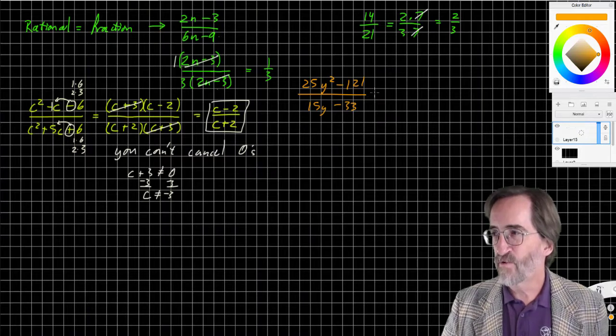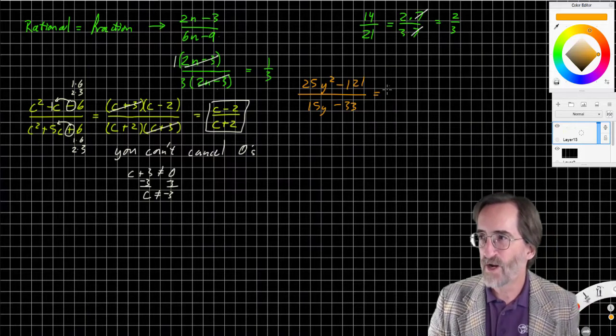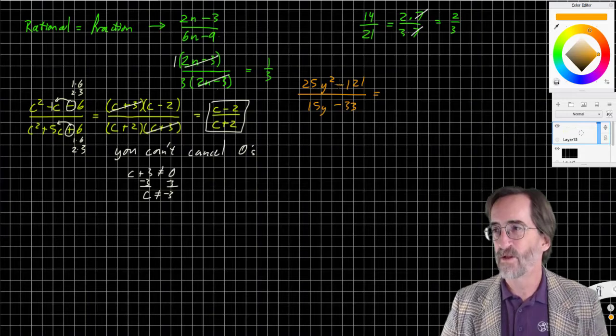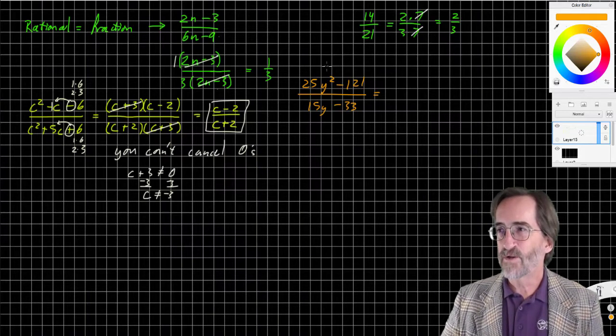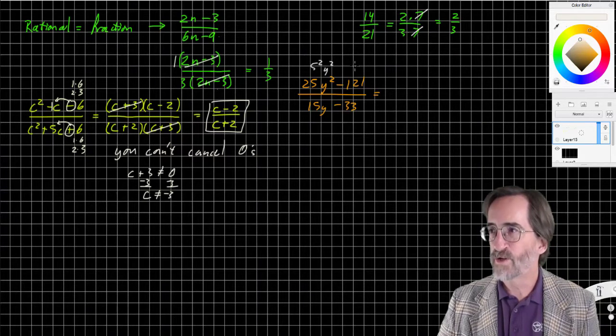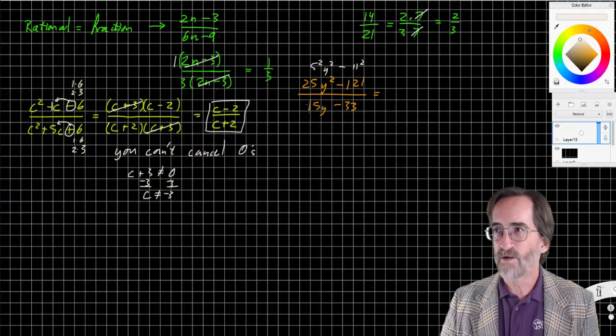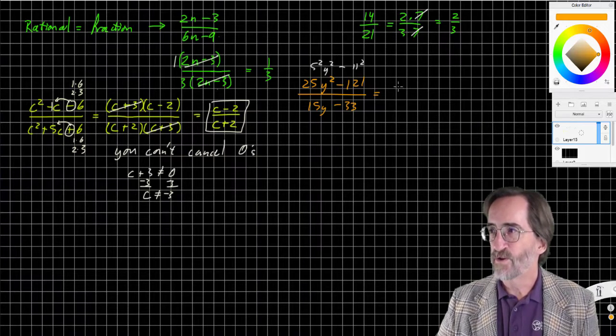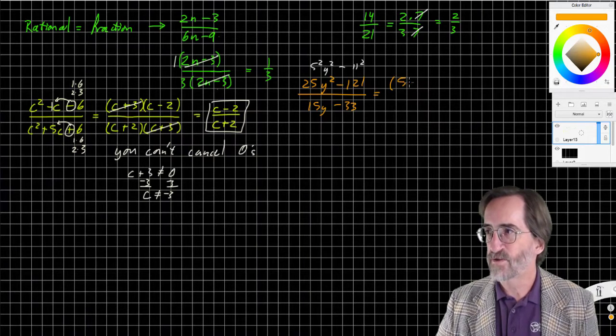Now you might look for a greatest common factor to factor out, but there isn't one in the top. But you may notice that 25y squared is 5y squared, and 121 is 11 squared. So we have a difference of squares, and the pattern says this factors as 5y plus 11 times 5y minus 11.